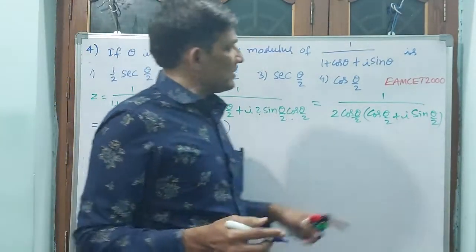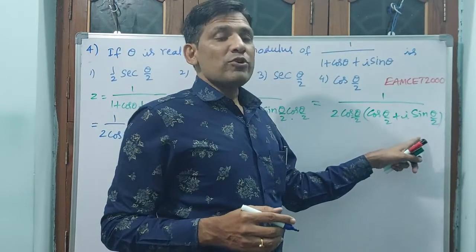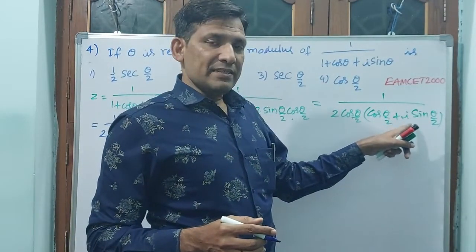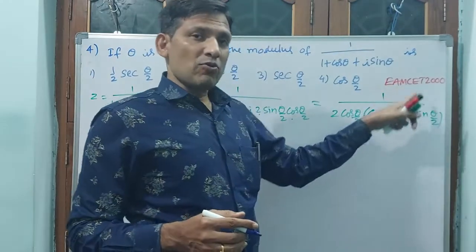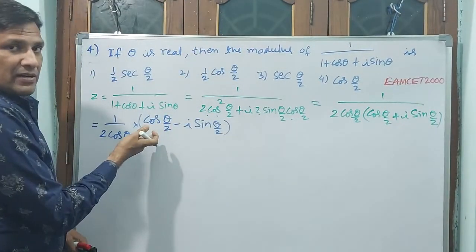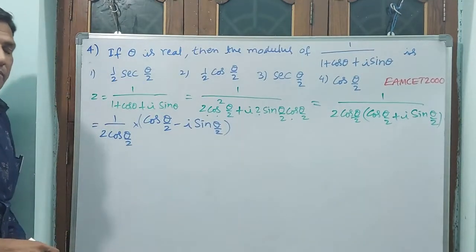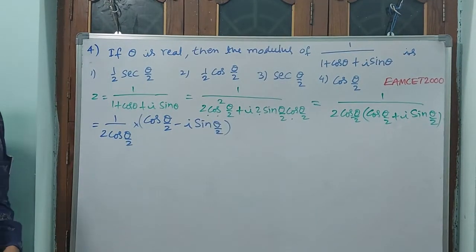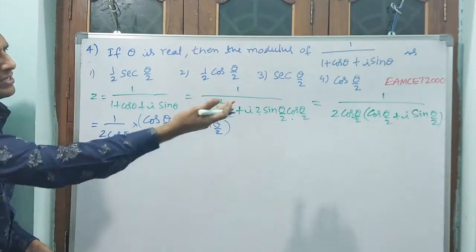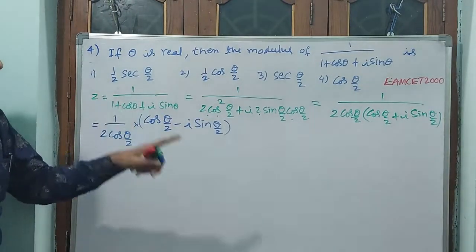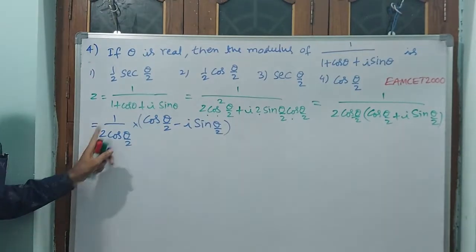If you have any confusion about how you are going to make this rationalization: cos theta by 2 minus I sin theta by 2, numerator and denominator you have to multiply. The numerator is in front of your eyes. The denominator: cos square theta by 2 minus I square sin square theta by 2 will come. Minus I square means plus only. Both are going to become 1. 1 into something is 1, divided by 1 is the same. This is the complex number.